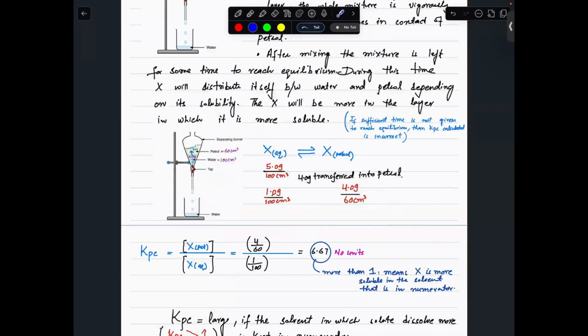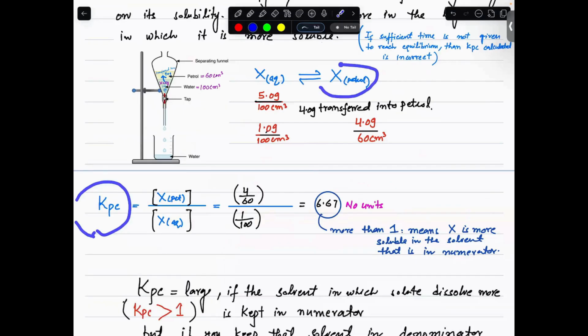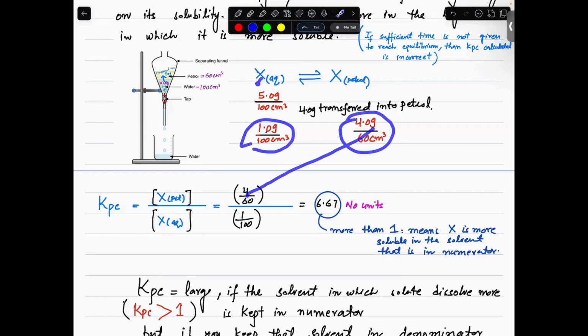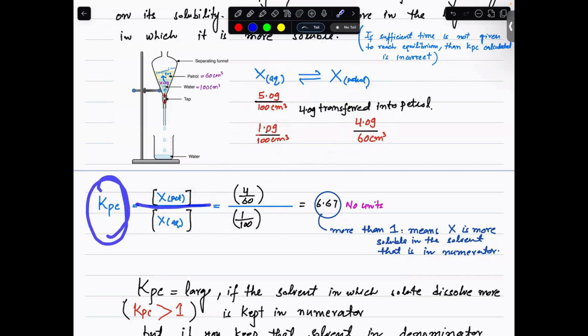Now, what is Kpc? X in petrol divided by X in water. The X distributes itself between two immiscible solvents. X in petrol divided by X in water. This is concentration. So how will you define Kpc? Kpc is a ratio.